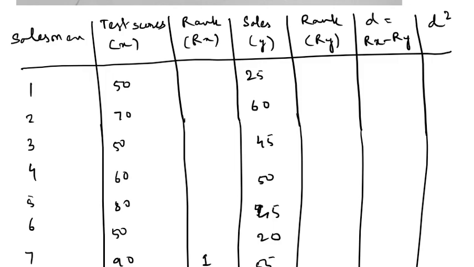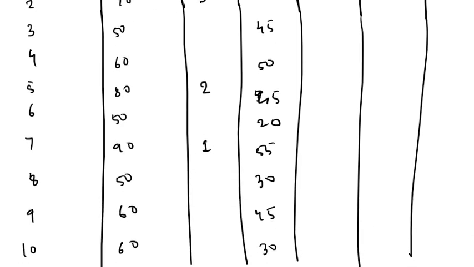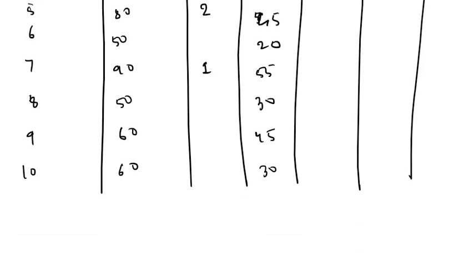Next, after 90 you have 80, so this is 2. Then you have 70, that is 3. Next you have 60. You have 60 on the 4th, 9th and 10th. So 60 appears 3 times.